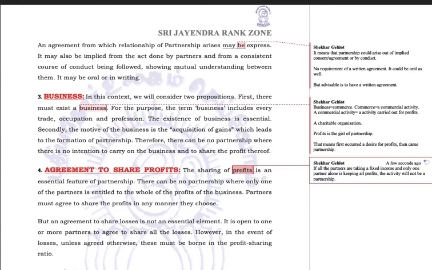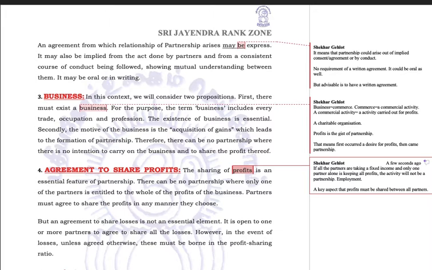What will this activity be? It will be an employment. Others will be salaried officers, salaried employees of the employer. Who is the employer? The partner who's taking all the partnership profits. Okay, so it is a key aspect that profits must be shared between all partners.